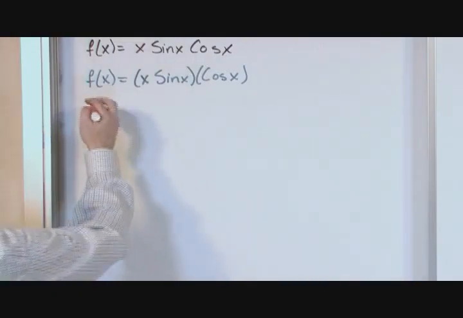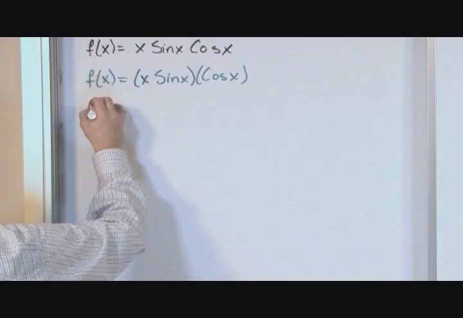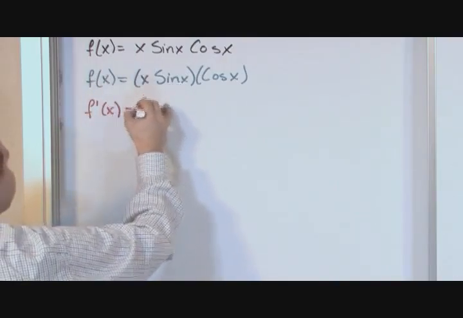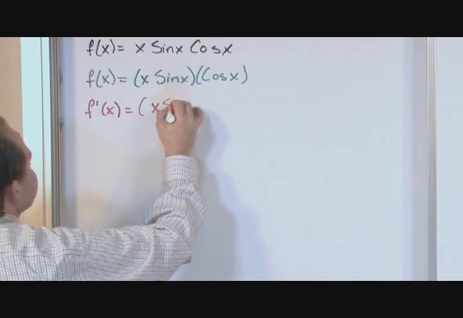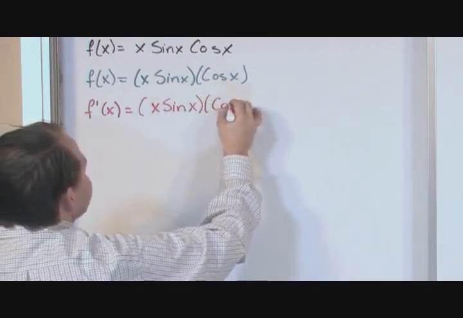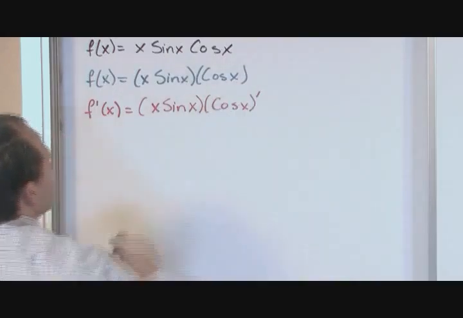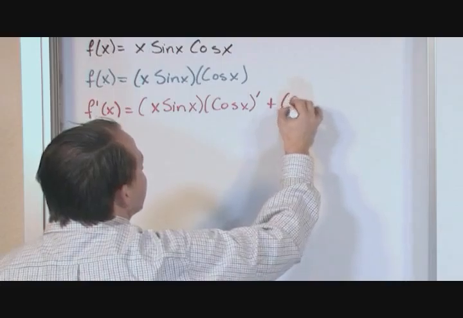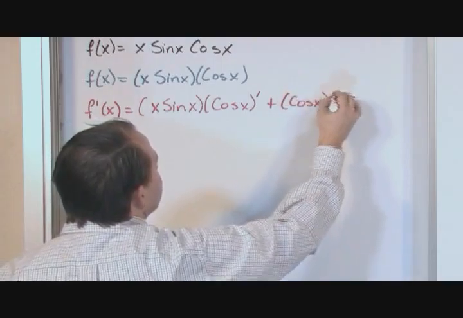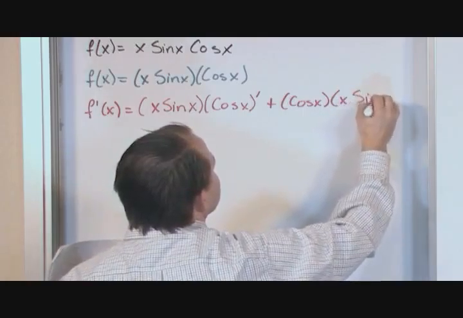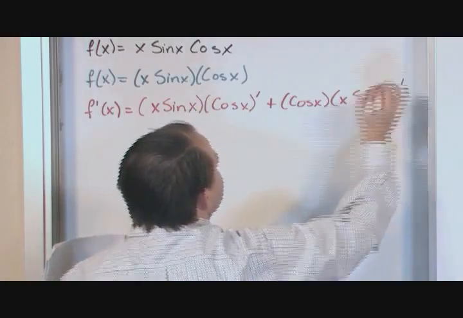So let's go and take this derivative using this. The derivative will be the first function, which is x times the sine of x, times the derivative of the second function, cosine of x prime, right? Plus the second function, cosine of x, times the derivative of the first function, x times the sine of x, like this.